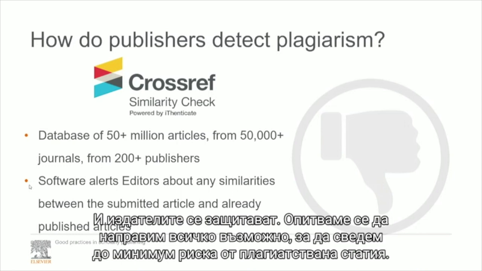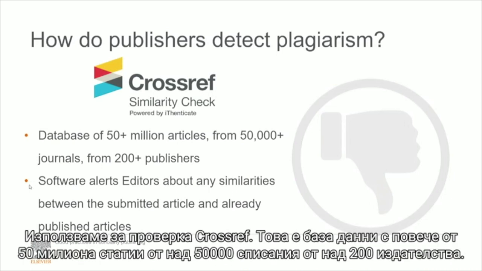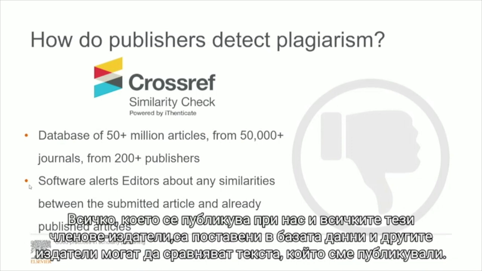And publishers do protect themselves. We try to do whatever we can to minimize the risk of publishing a plagiarized paper. We use CrossRef Similarity Check. It's a database with more than 50 million articles from more than 50,000 journals from more than 200 publishers. Everything that's published with us and all those member publishers is fed into the database, and then other publishers can compare against the text that we've published.